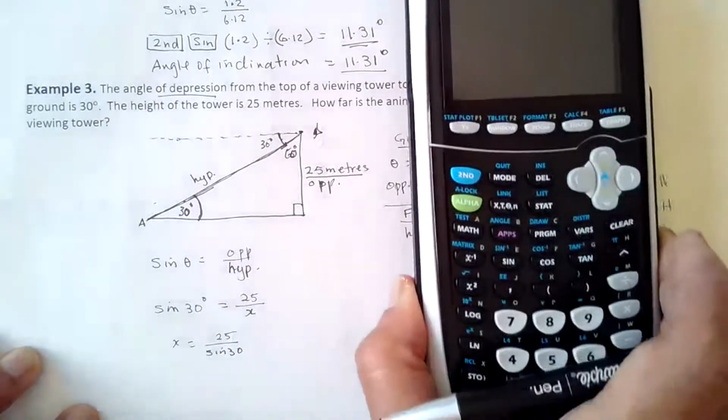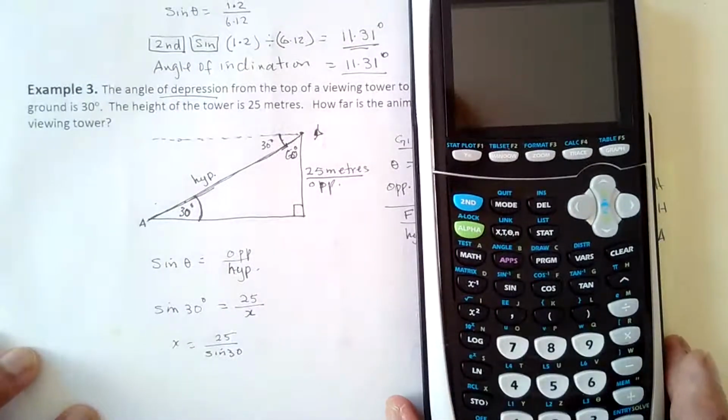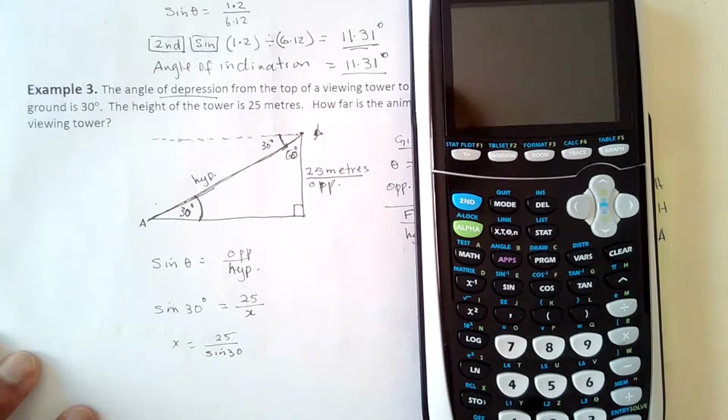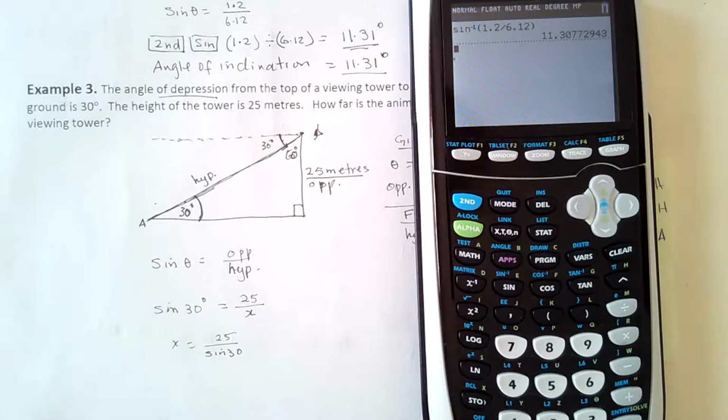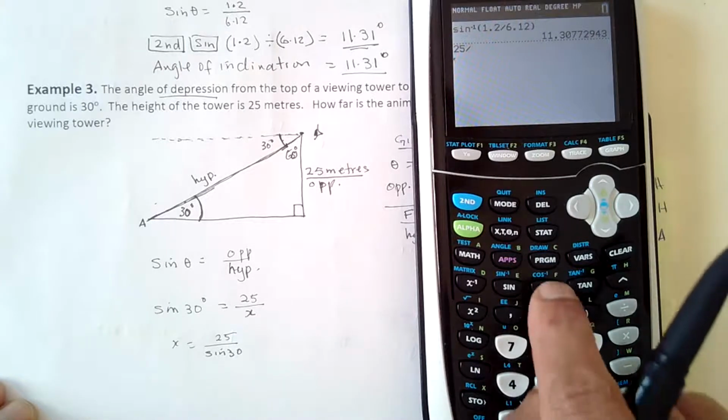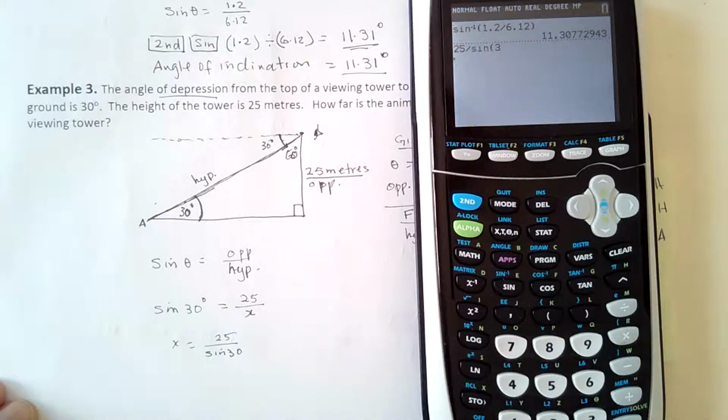Now I go to my trusted calculator again. And in this case, because I'm trying to find a length, I'm not finding an angle, I don't have to use the second button. I go directly into my calculator and enter the values given here, which is division. 25 divided by sine 30 equals 50. So that's 50 meters.